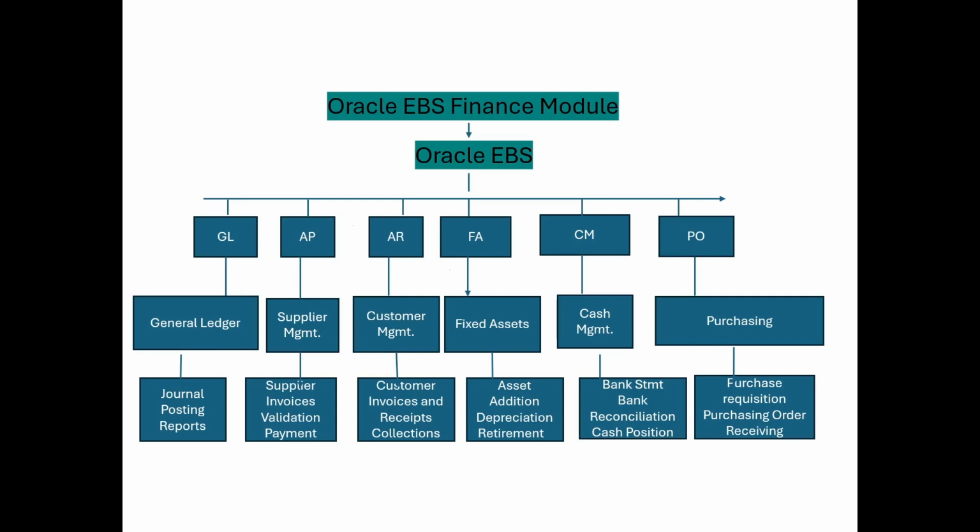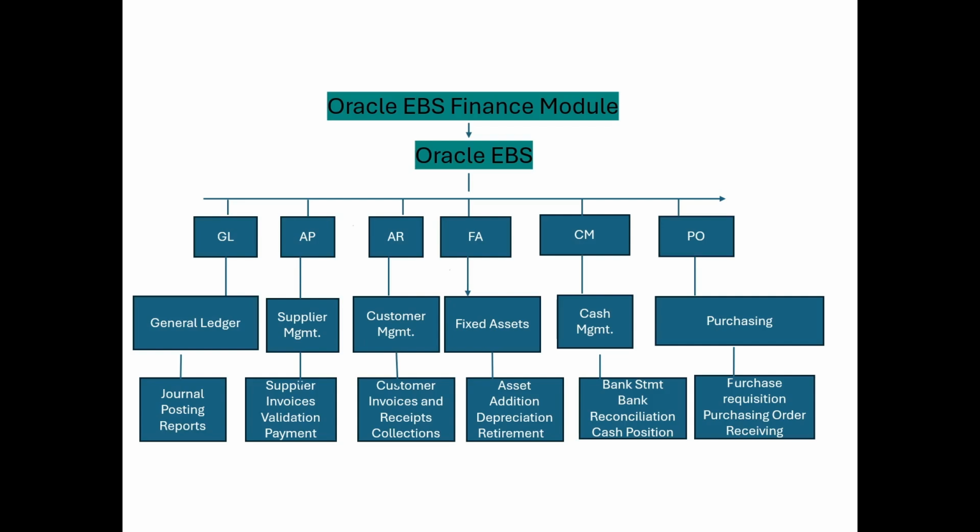Next, let's look at Fixed Assets and learn how organizations manage assets like buildings, machinery, and computers. The Fixed Assets module manages company assets throughout their life cycle. So exactly why do you use FA?